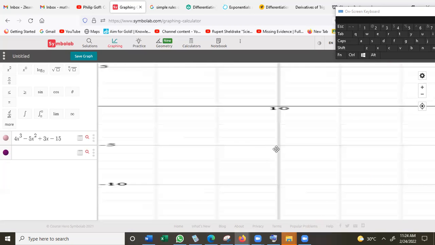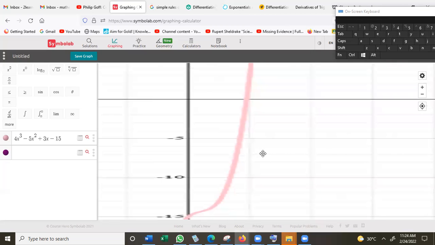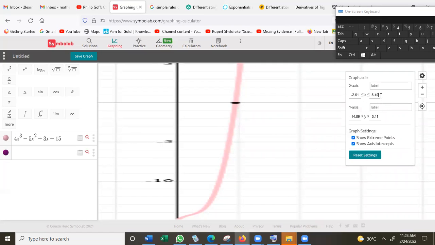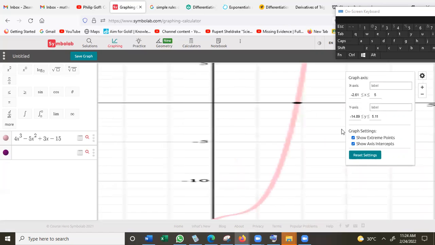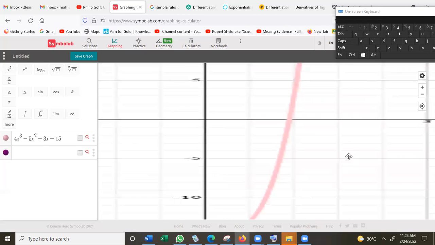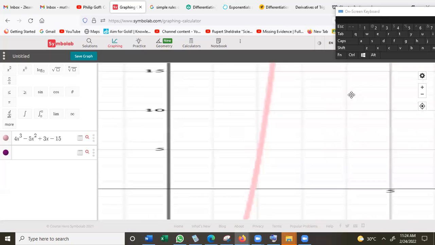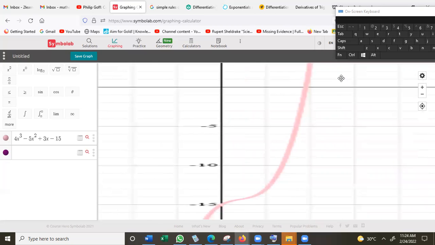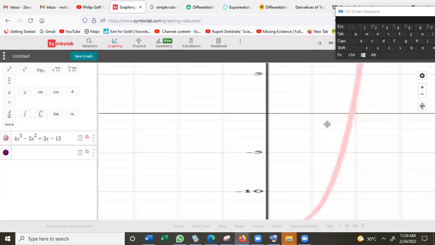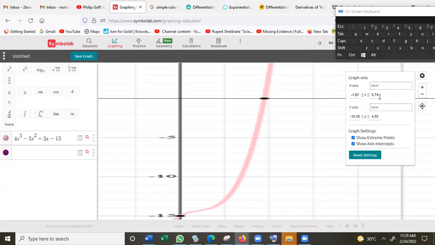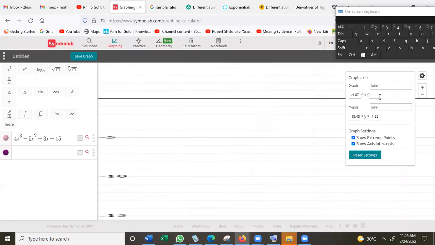So that's like a little section there. Probably want to shift this to, let's say, 5. Okay, let's see what happened in there. That's a little section of the curve. So when x is equal to 5, what is the curve doing? Let's put this as 10, for example.